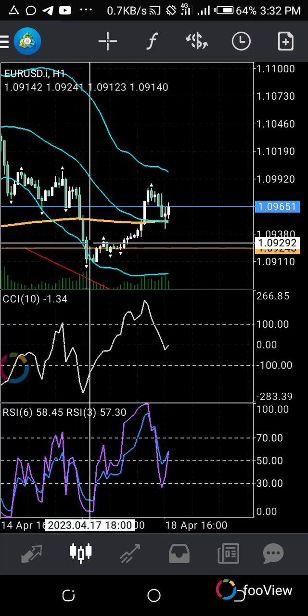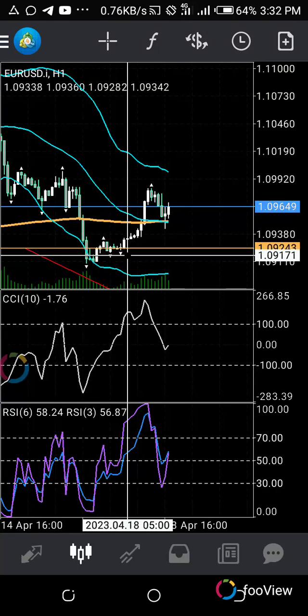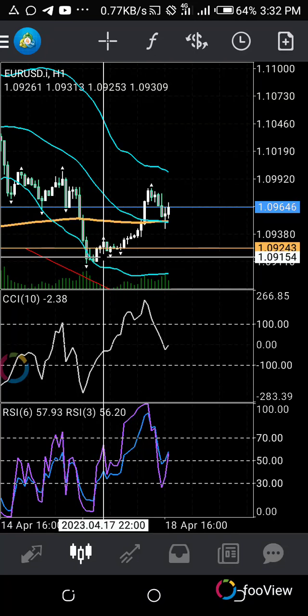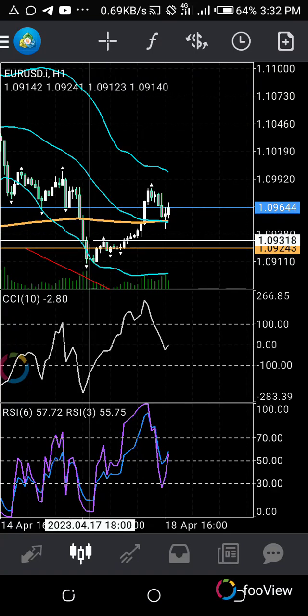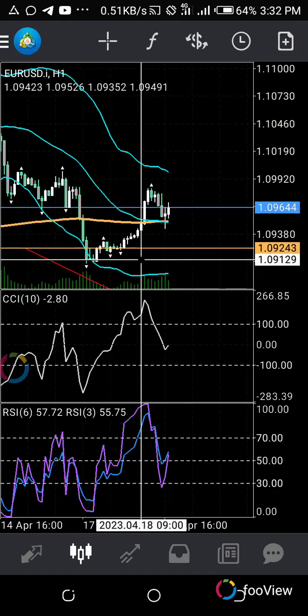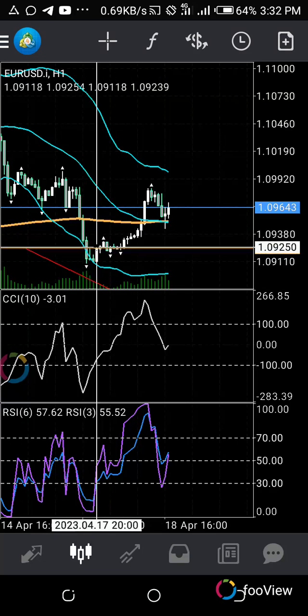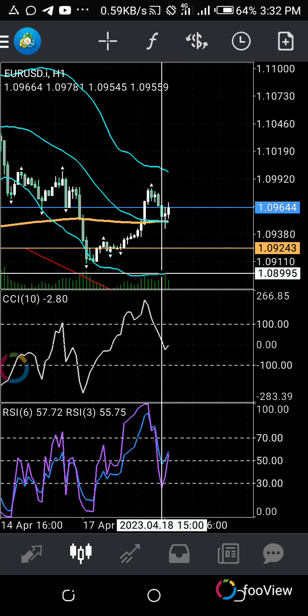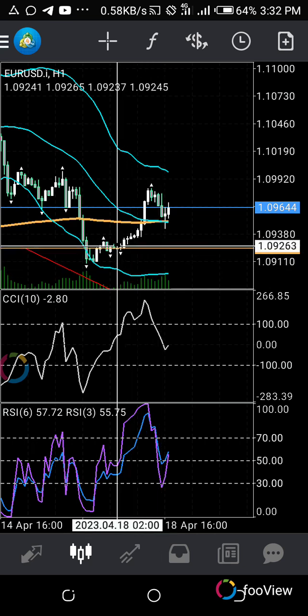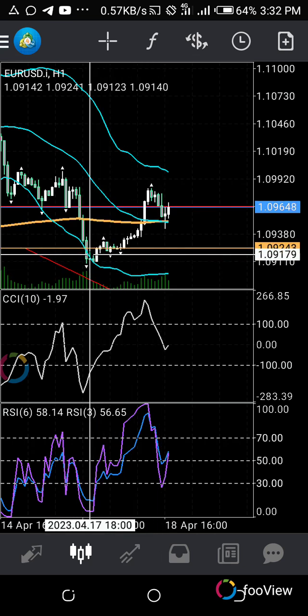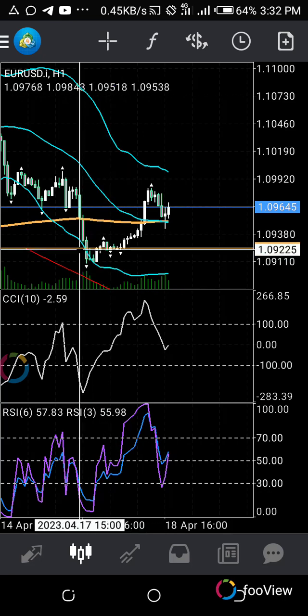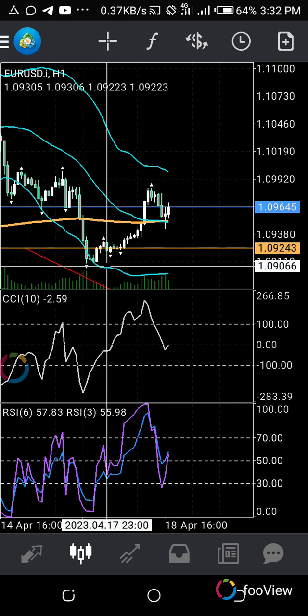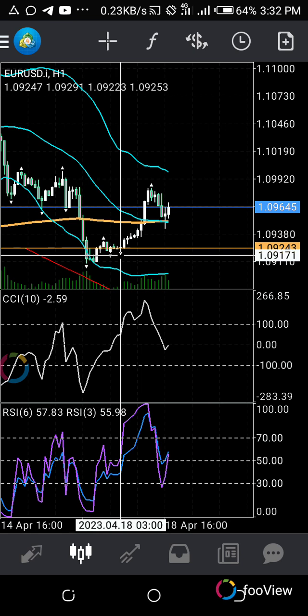But right now here, as you can see on this Euro USD, we see that the market broke below the support, also again moved above and broke above the golden line. So now what is it? What you have to wait for is, when we have a break below, we wait for the pattern and the fractals.